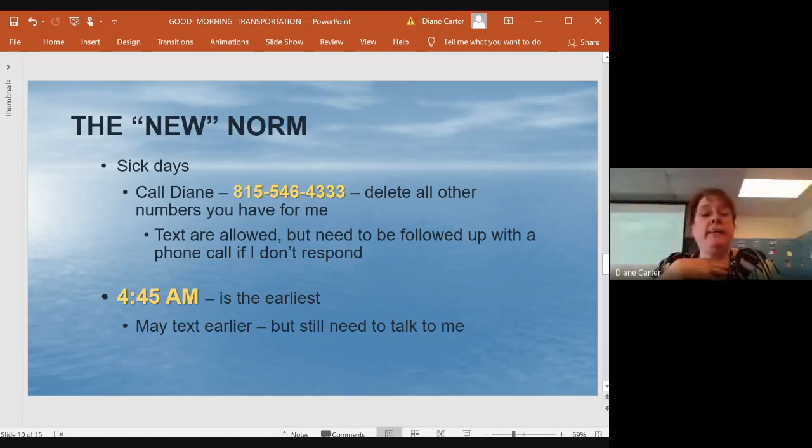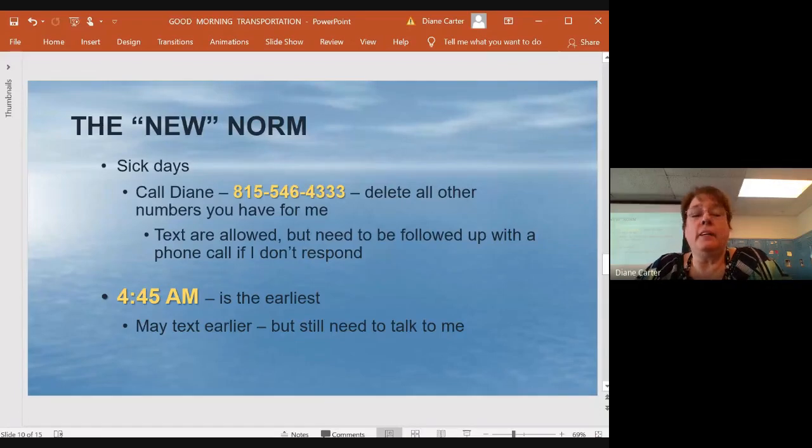You can text me or call me anytime after 4:45. We've got earlier routes this year than we've had in the past, so I have increased it from 5 o'clock to 4:45 as the earliest I want you calling me. Over the last two years I've had several calls at 2 and 3 o'clock in the morning telling me you've been up all night and probably won't make it in.